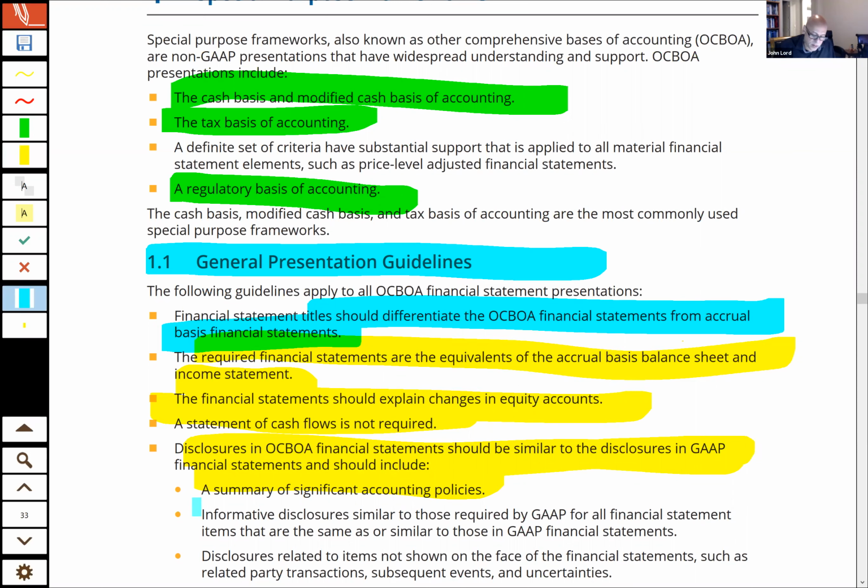And they do say to make the informative disclosures that you would make if they were GAAP financial statements. So big thing, don't call it balance sheet, don't call it income statement. No statement of cash flows. And you need to disclose that you're using something other than GAAP. And if there are other disclosures that would be relevant, you should disclose those, okay?